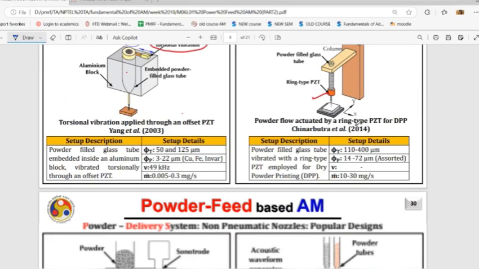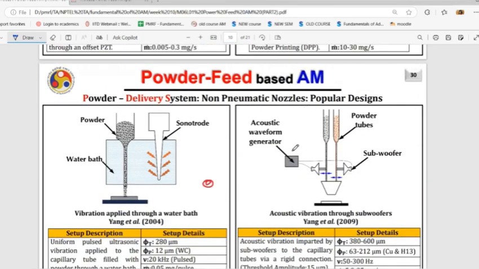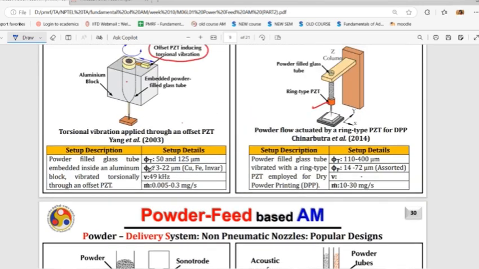One example I can tell you is if there is a sonotrode which can give ultrasonic vibration to this nozzle, then your nozzle will deliver the powder only at the time when you touch the sonotrode here and your ultrasonic vibration is transferred to the nozzle.